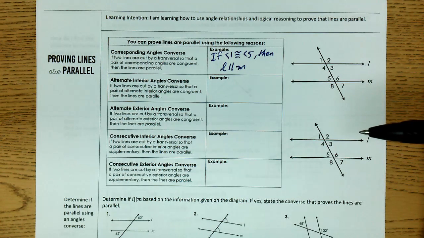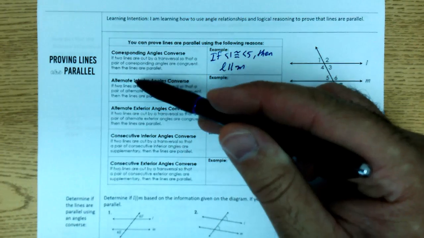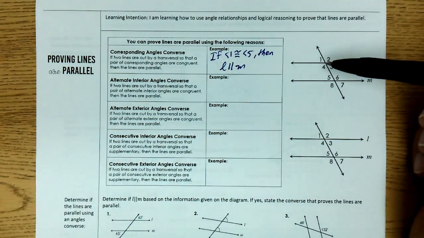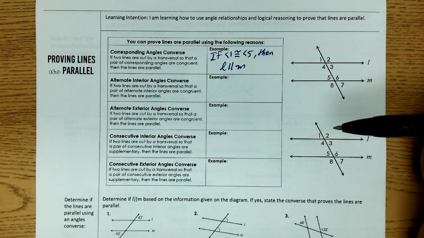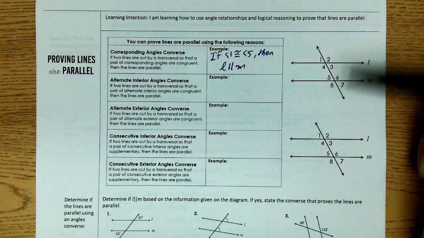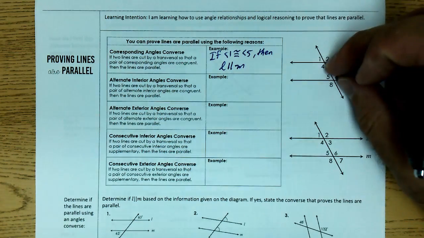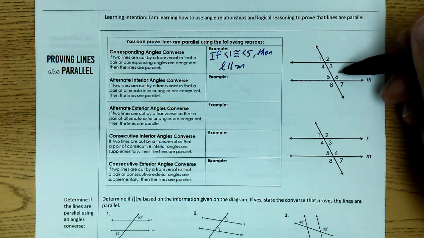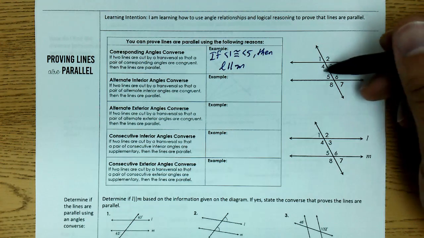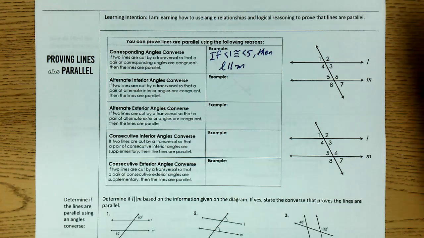So what I need you to do is write down an alternate interior angle. Which ones are alternate interiors? Well, they got to be on opposite sides of the line. They have to be inside, so that leaves us with only these 4 angles, 3, 4, 5, and 6. So opposite sides, inside, and they don't touch. They're not adjacent.